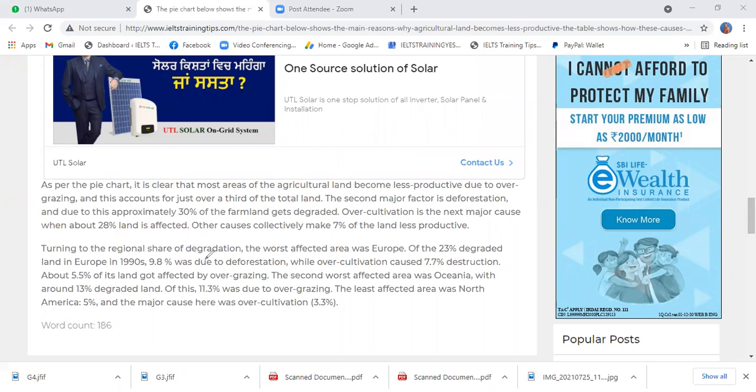Now we are going with this table. You can say, turning to the regional share of degradation. Now we have set the time frame to the 1990s. It is very important that in the paragraph we write the time frame. You should not miss that because it is a new paragraph.